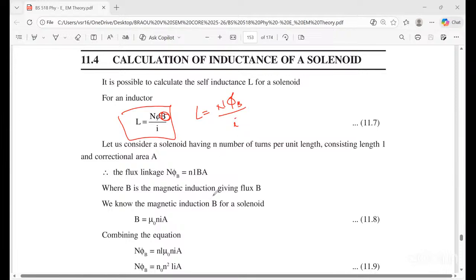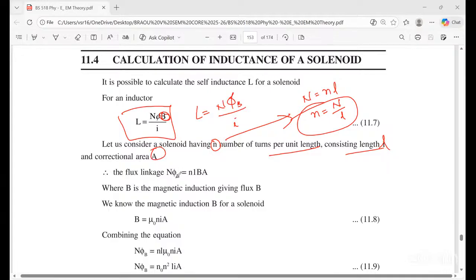So let us consider a solenoid which has small n number of turns per unit length, that is n equals N by L. This is the formula. It has length small l and cross-sectional area capital A. What is the flux? The flux formula is N phi B, that is N L B A.